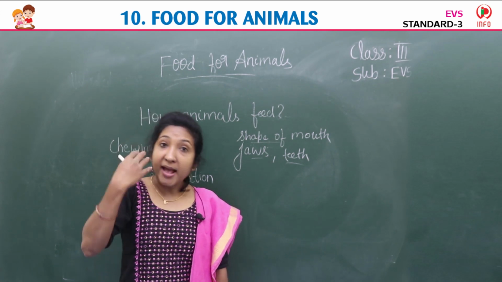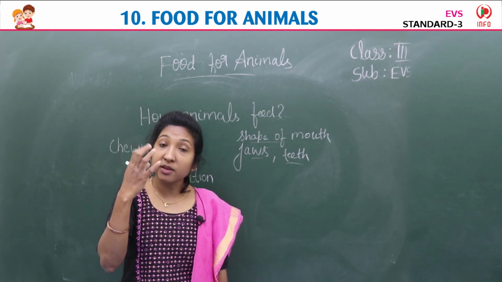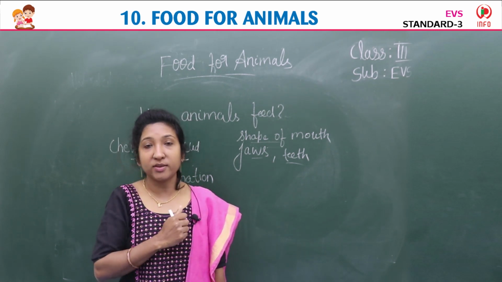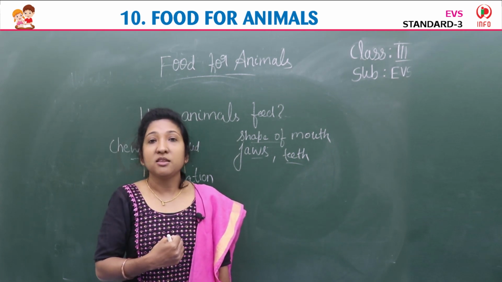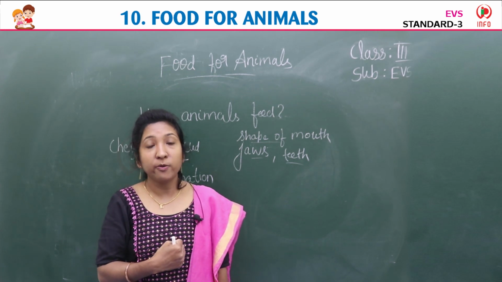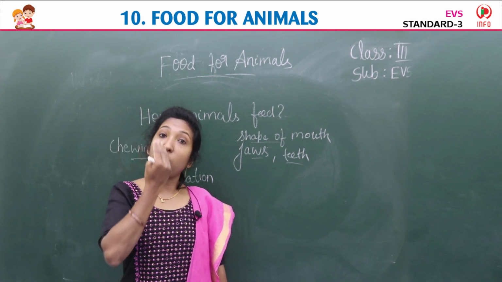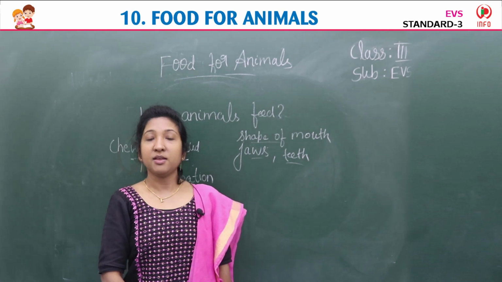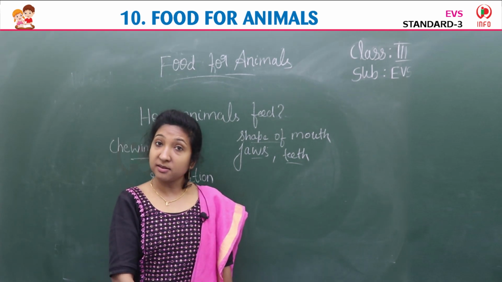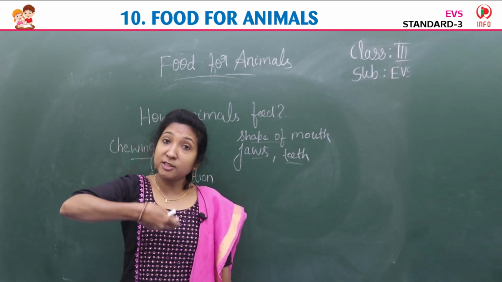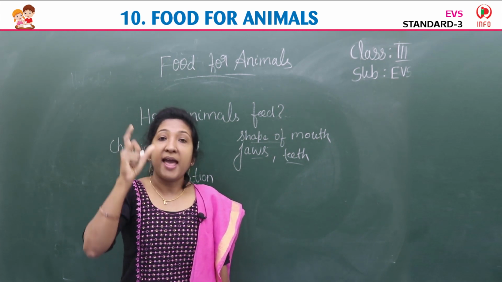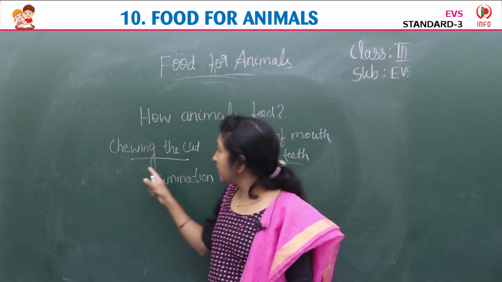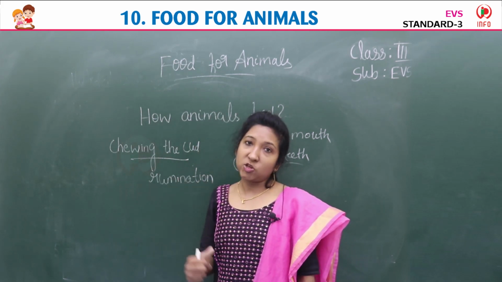The back side has chewing or grinding teeth. Using these teeth they eat the food. They first swallow the food, then bring it back from the stomach to the mouth, then chew it. This process is called chewing the cud, rumination.